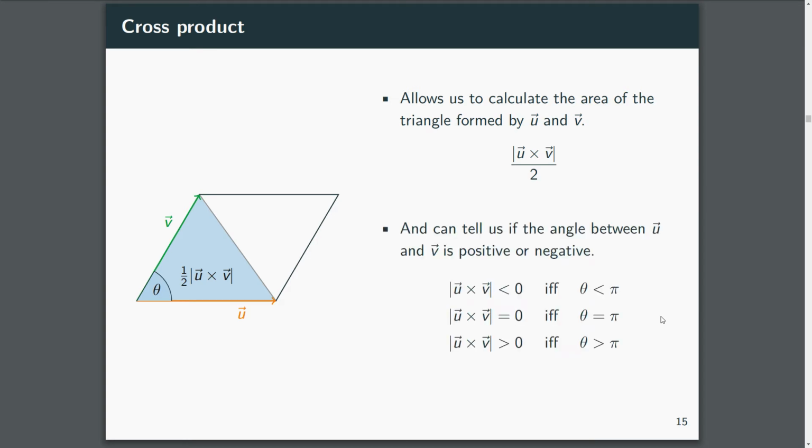It can also tell us if the angle is positive or negative. So if we have u cross v less than 0, that means the angle is negative.